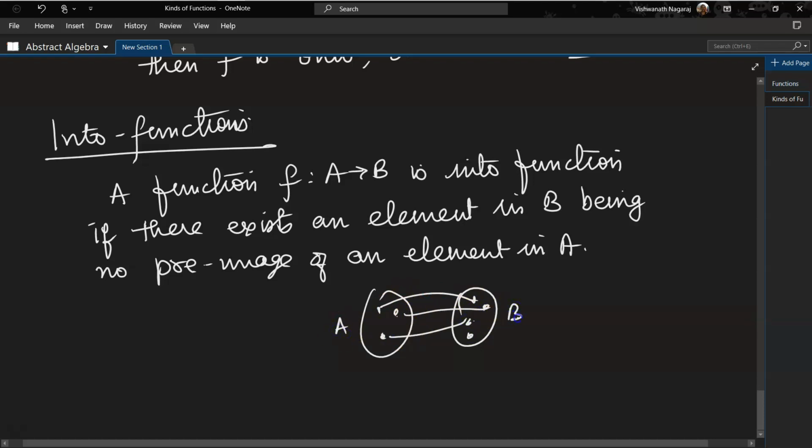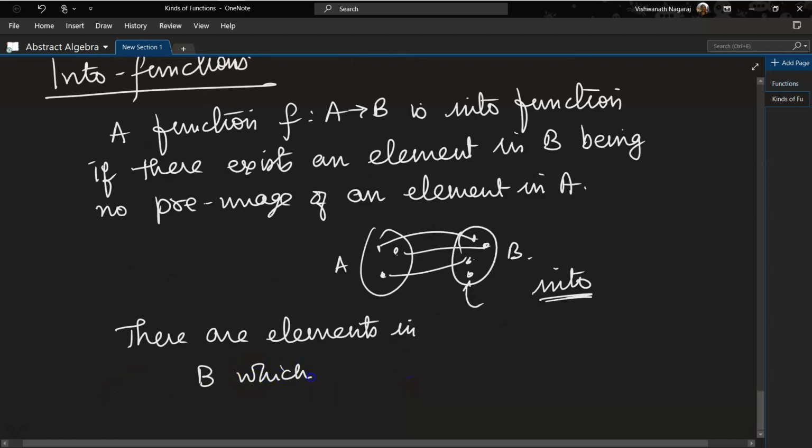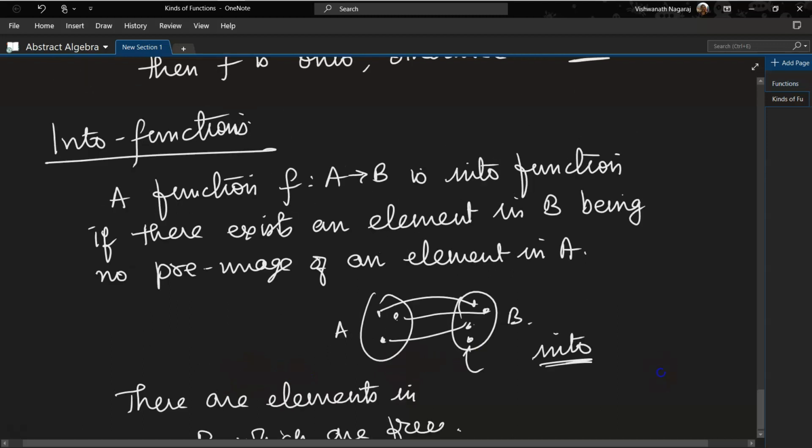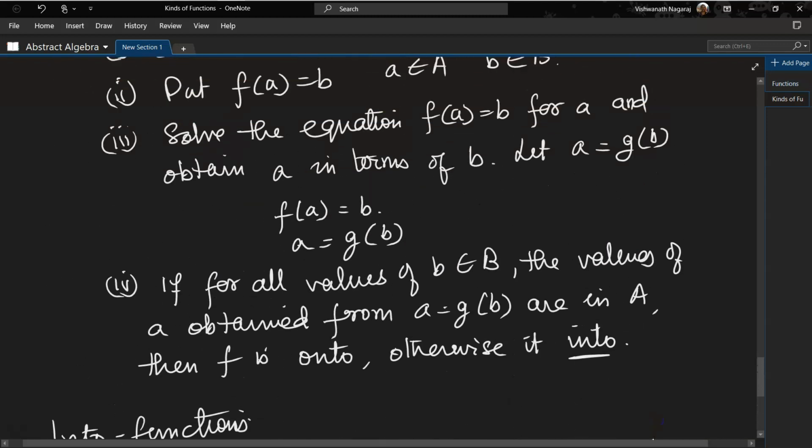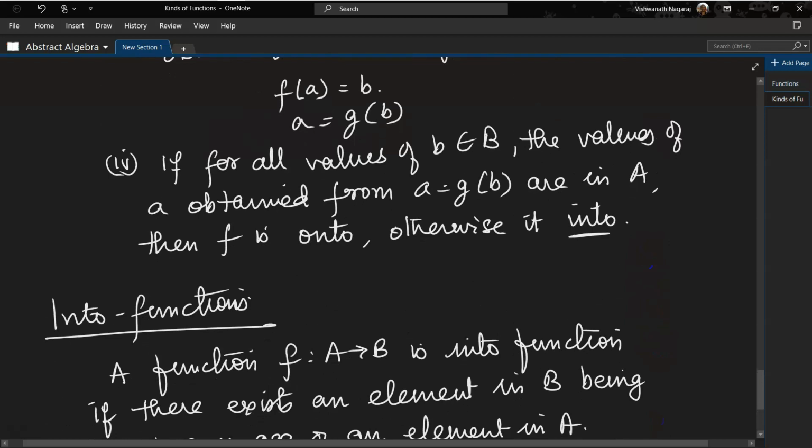Remember, this is A, this is B, and here you have this element which has no pre-image in A. So in this case, this is into. That means there are elements in B which are free.